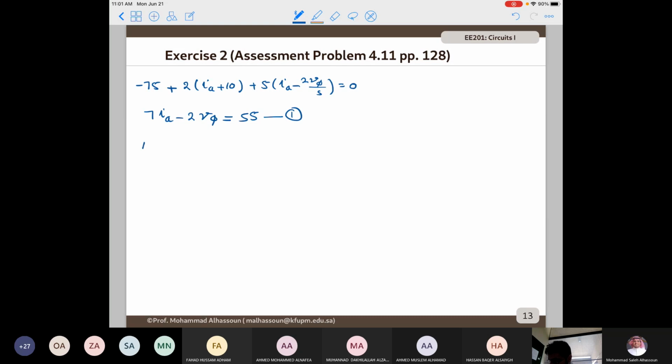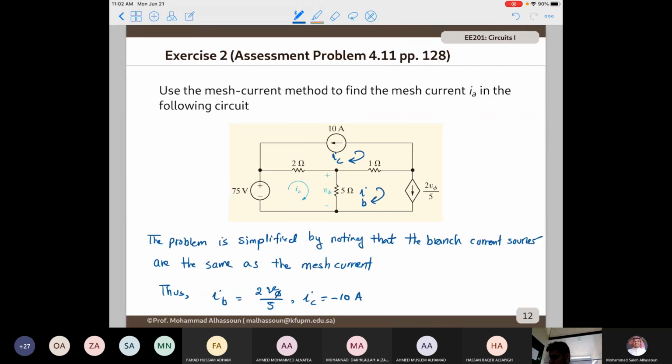So applying Ohm's law here, we see that the current passing through the 5 ohm resistor is going to be IA minus IB.